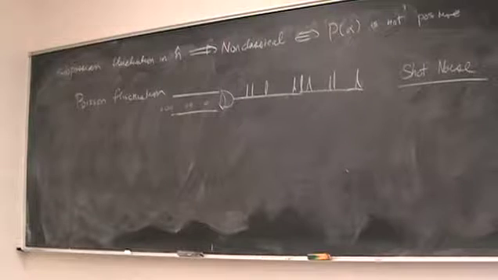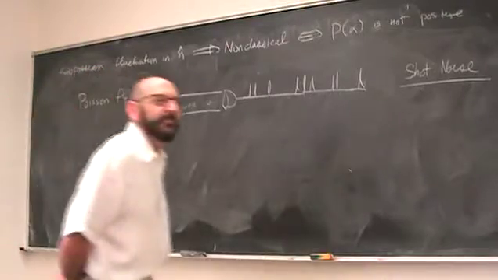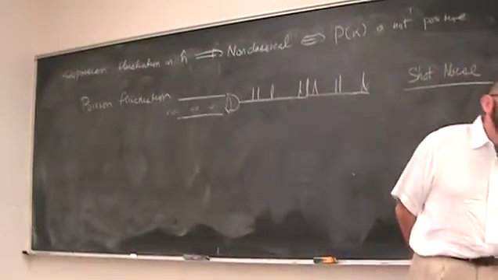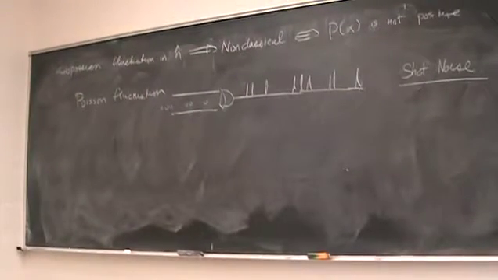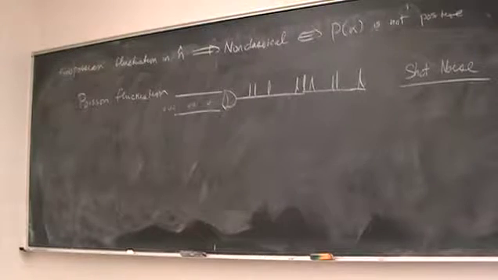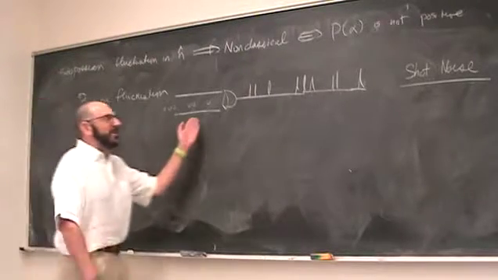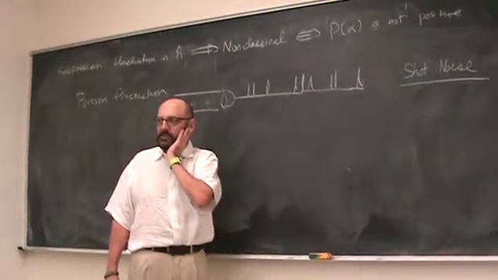We discussed last year, and I know everyone remembers everything we discussed last year, one really doesn't need to invoke the quantization of the field in order to describe this random process.